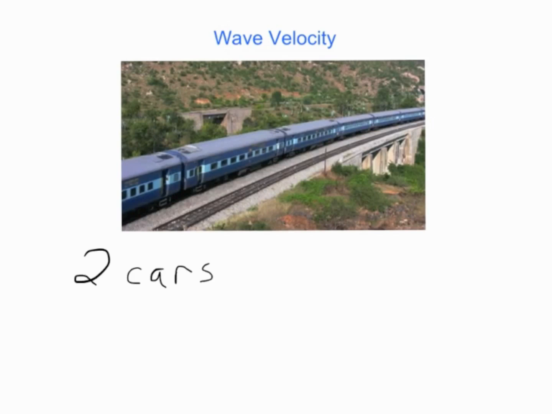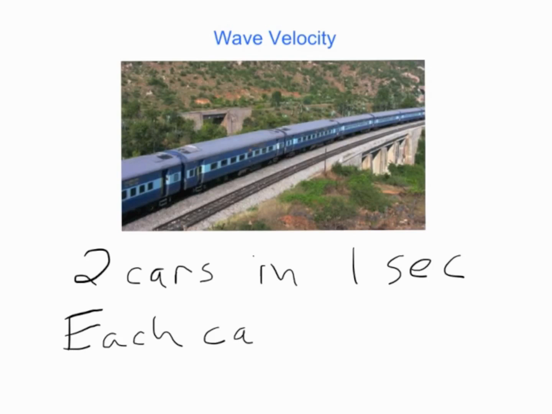Let's suppose that we have a train, and that 2 cars go by in 1 second. All right, so 2 cars go by in 1 second, and each car is 15 meters long. And the question is, well, what's the velocity of the train?